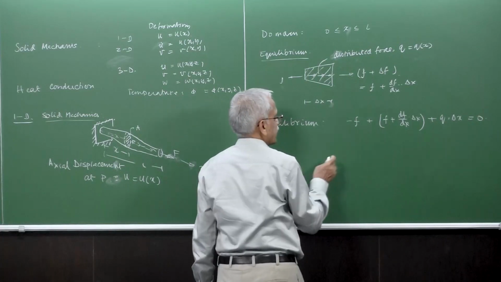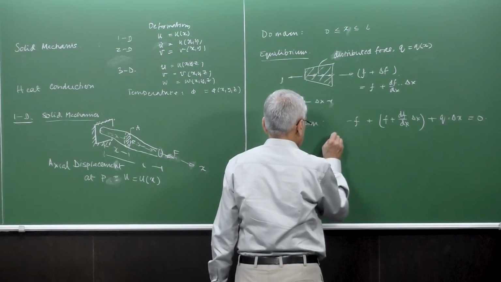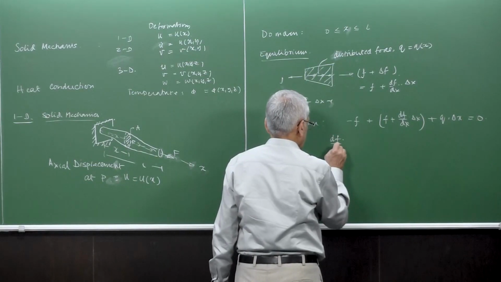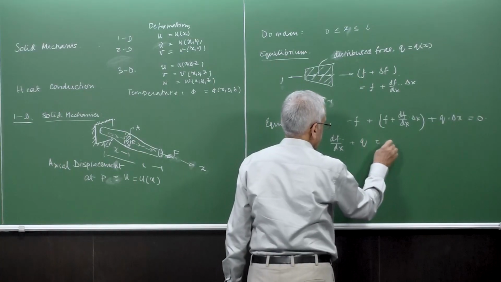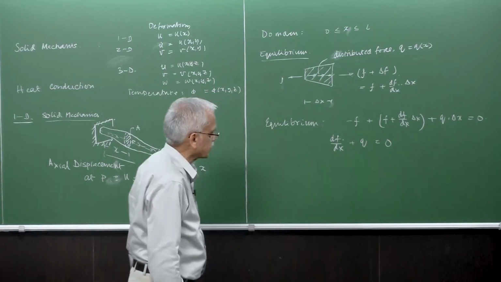You can cancel F, and delta x you can also cancel, and this gives the equation dF by dx plus Q equals 0.